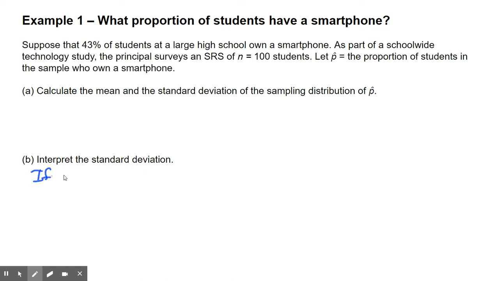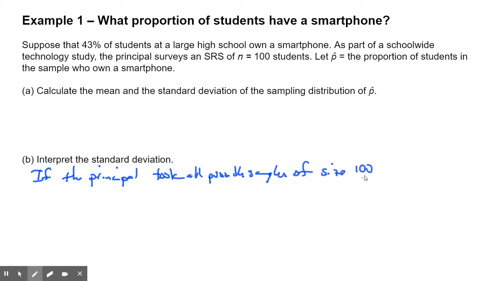So we're going to say, if the principal, remember, principal's your pal, took all possible samples of size 100 from this large high school, and now we say the sample proportion.